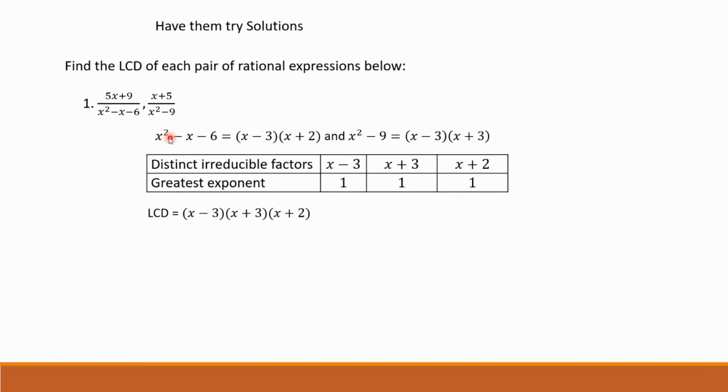All right, what we want to do is factor these denominators. So we have x squared minus x minus 6, and that's equal to x minus 3 times x plus 2, as you can see. And how did I know to factor it this way? Well, notice that there are 3 terms here, so it's a trinomial.